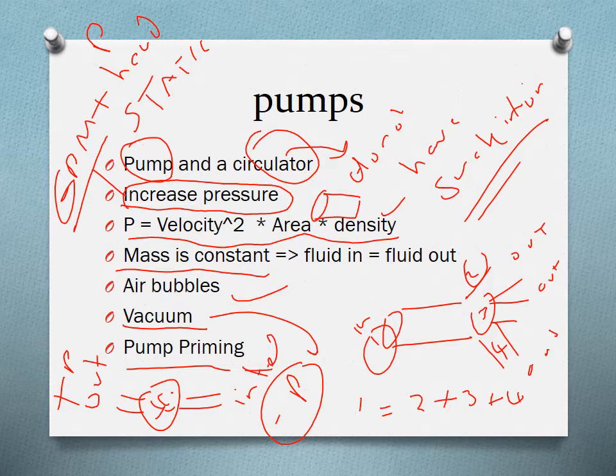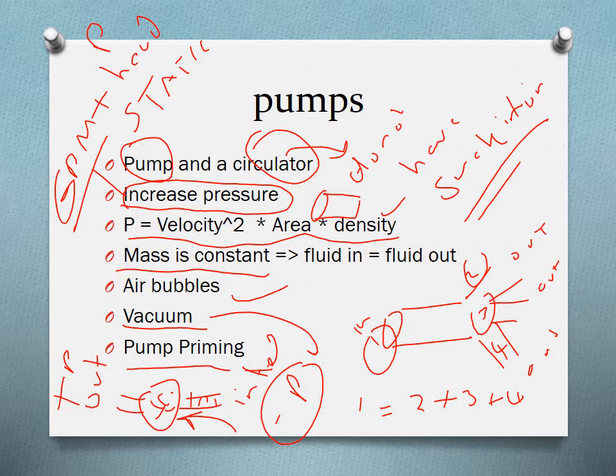So pump priming. If you have operated a pump in the past, like a water pump or something of that sort, you probably had to concern yourself with something called pump priming, meaning that we have to make sure that this part of the inlet has liquid in it. Otherwise, it might not be able to pull water or liquid inside if there is air. That's what we mean by pump priming.